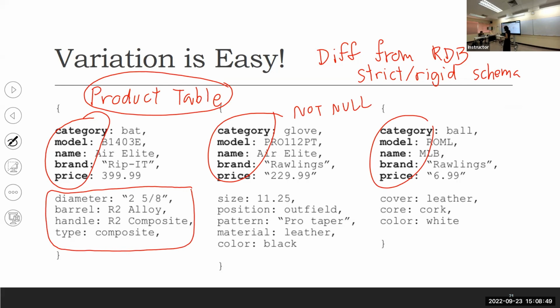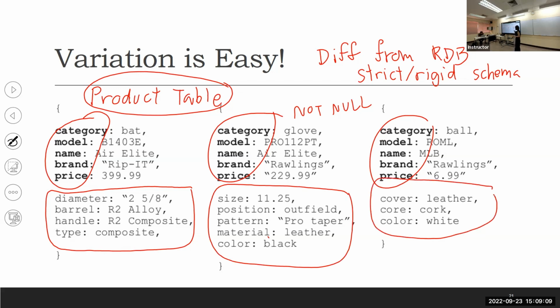And then connect through maybe a foreign key, that another table containing this, if they are bike or bat, sorry, they have this. If the product is glove, may have this. If the product is ball, maybe they have this additional one, or you include everything. And for unqualified, not applicable attributes, you just leave null. That is also possible. It depends on how you would design your relational table.